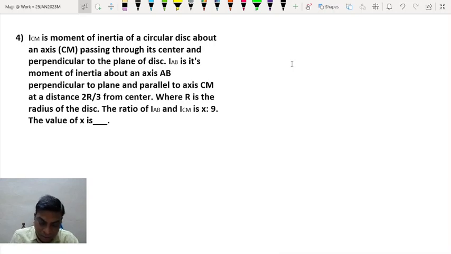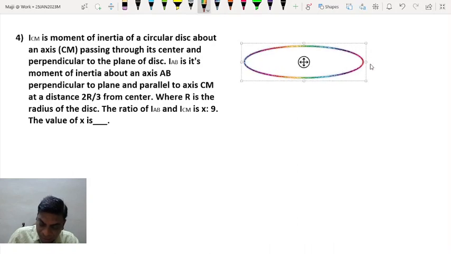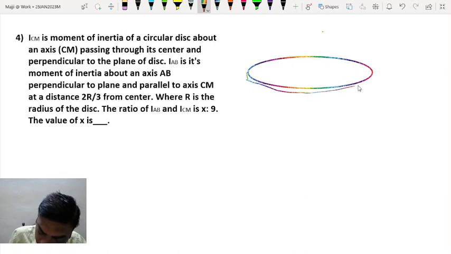So let us draw the diagram and understand the situation properly. So first of all, I have to draw a disk. O is the center. This is CM.